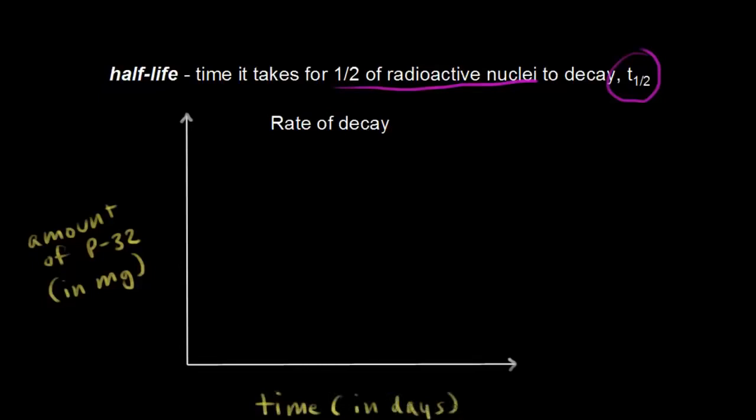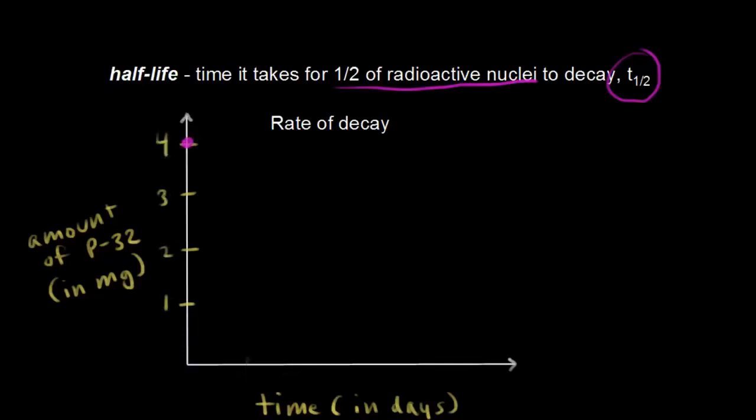We're going to start with 4 milligrams of our sample. So let's go ahead and mark this off. So this will be 1 milligram, 2 milligrams, 3, and 4. So when time is equal to 0, we have 4 milligrams. So let's mark this off: 1, 2, 3, and 4.